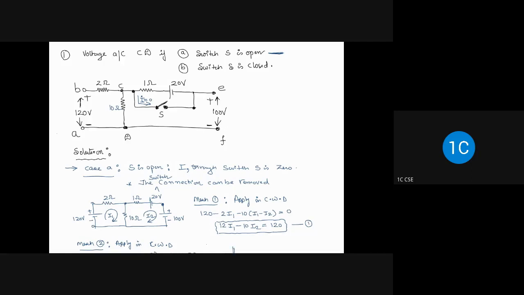Okay, so that gives me minus 10 I1 plus 11 I2 is equal to minus 120. That's my equation 2.